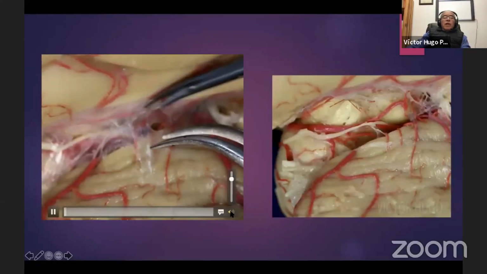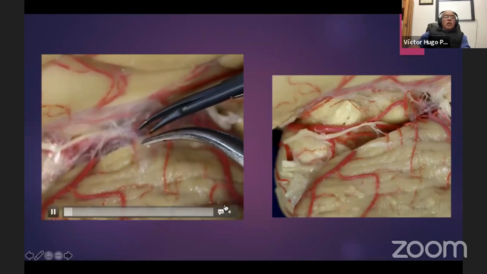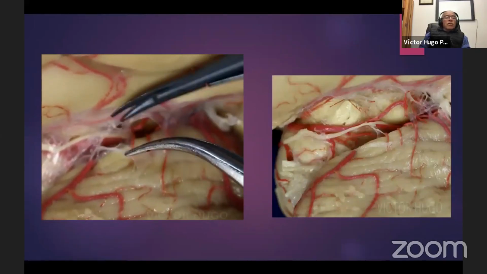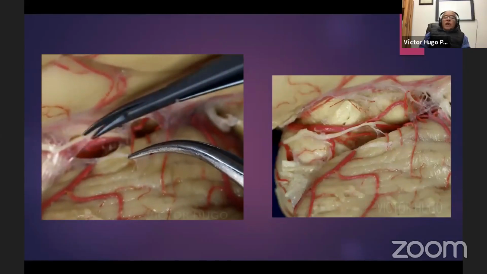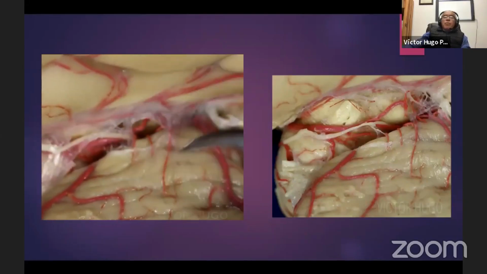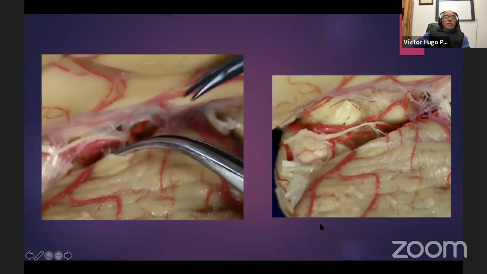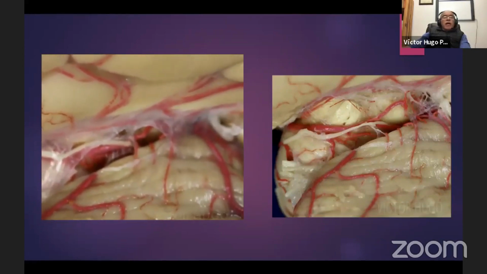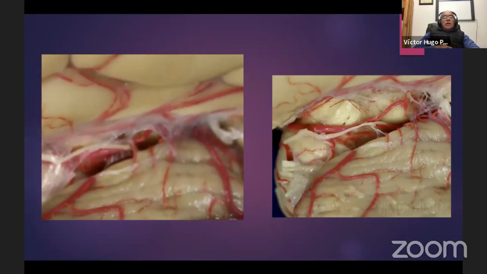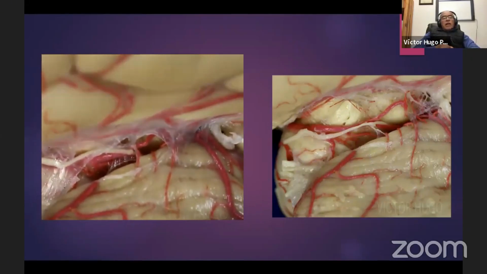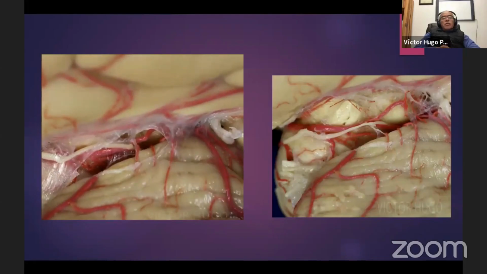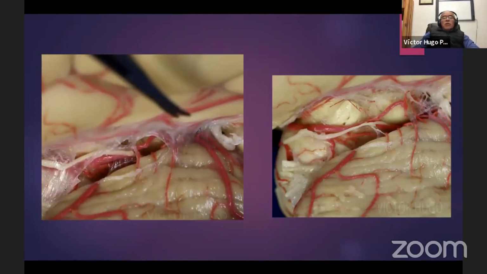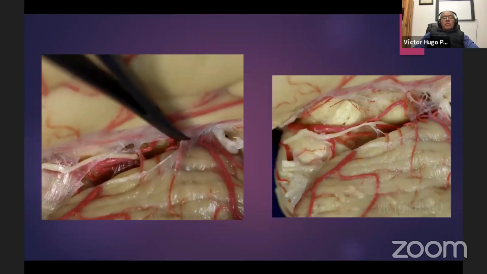Here we have a dissection of the arachnoid in order to see these arteries. You know that dissection of this arachnoid is very important to preserve the fine irrigation of brain.